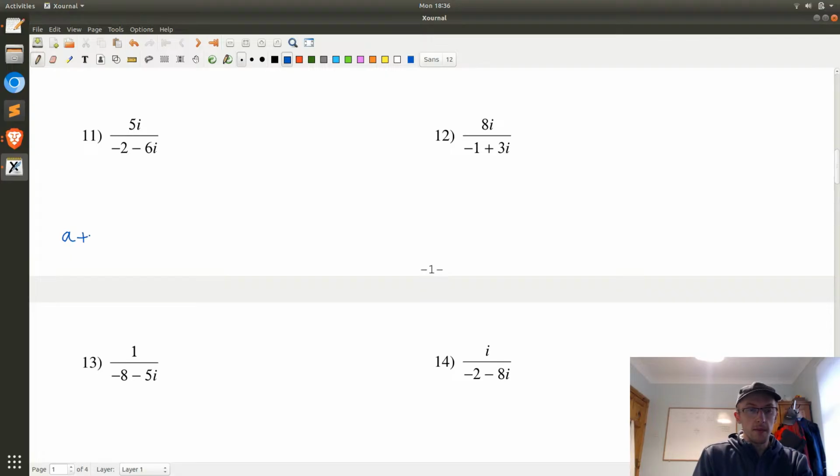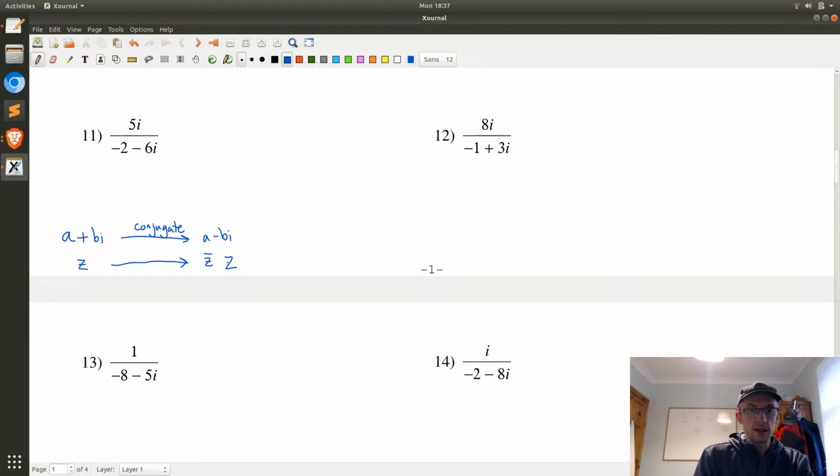So for a add bi, the conjugate is a take bi. If a complex number is denoted as z, as it typically is, then the conjugate is typically denoted as z with an over bar, a bar on the top.